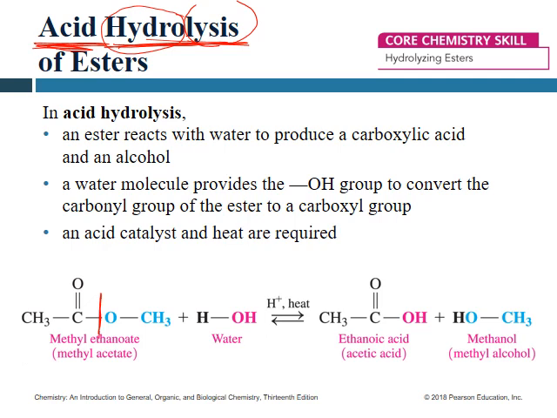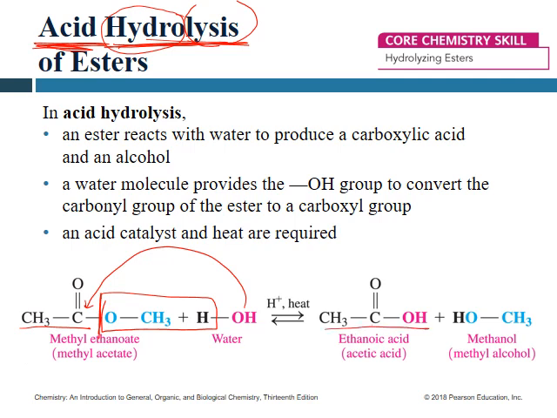This will become the alcohol. This, whatever has the carbonyl, will become the carboxylic acid. So this will break and it will interact with hydrogen, and this OH will react with this carbon. So this would become CH3OH, which is alcohol, and the rest becomes CH3C double bond OH, which is our acid.